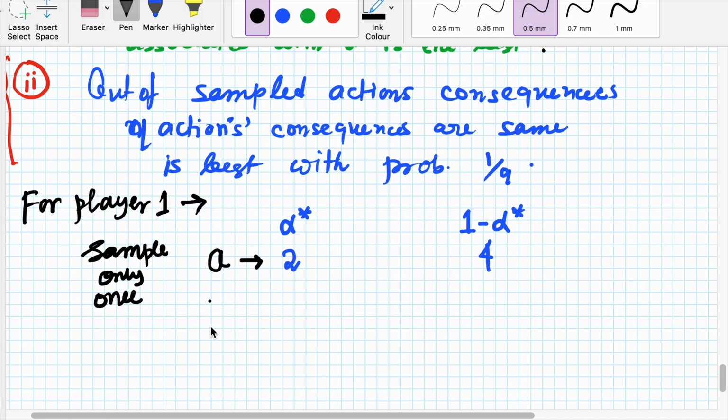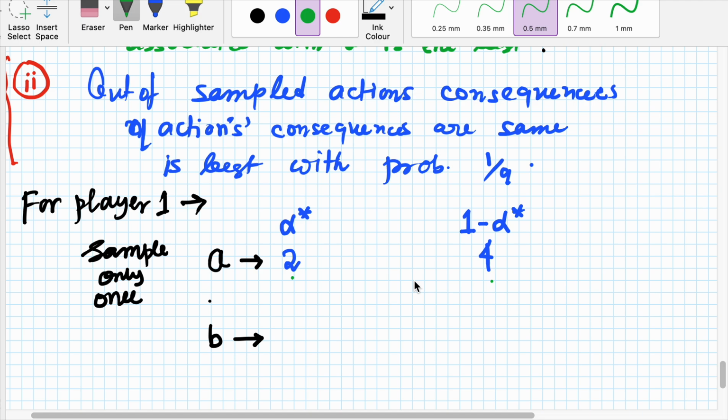Sampling once means she may realize only one of these two outcomes. She cannot realize both, but one can calculate with which probability she may get 2 and with which probability she may get 4.